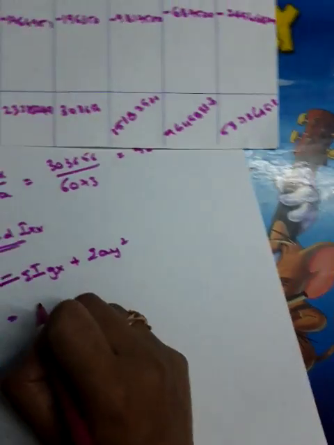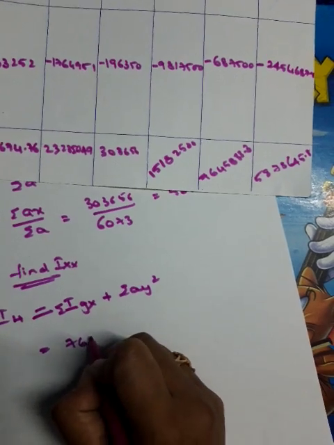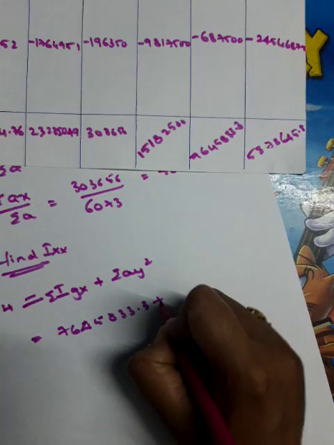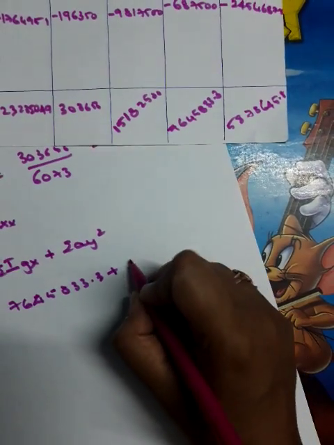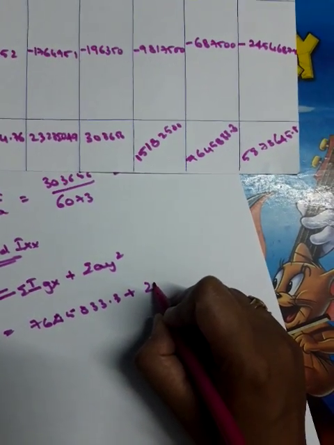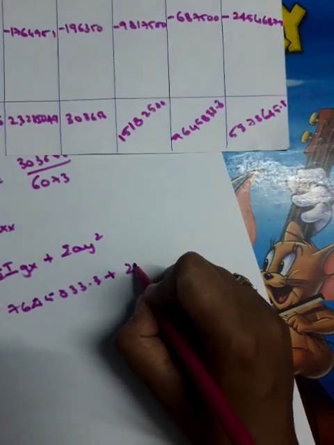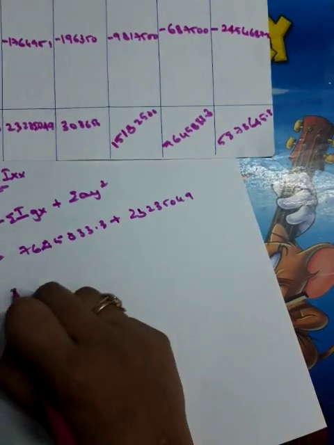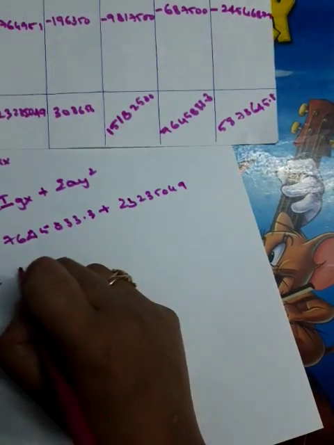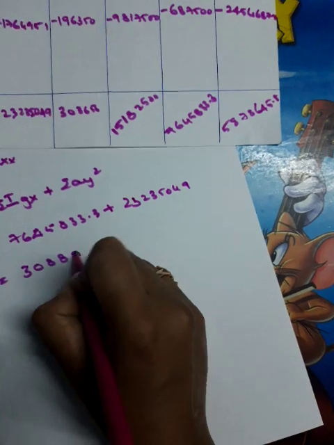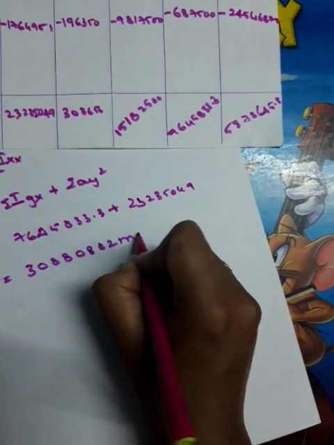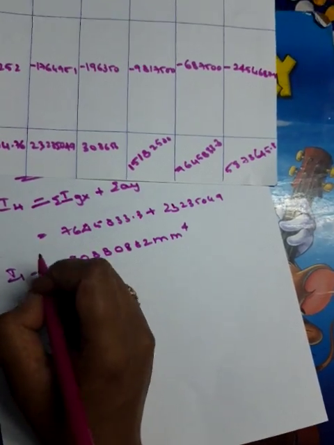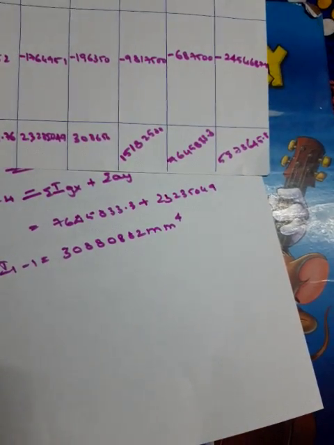Okay, so summation of Igx is 45833.3 plus summation of Ay square is also there. This one 23235049. So I11 is equal to 30880. So this much value you will be getting. Please use your calculator so that this value should not be confusing.